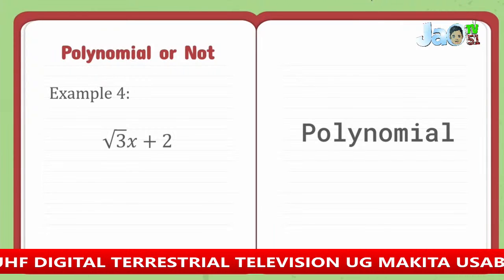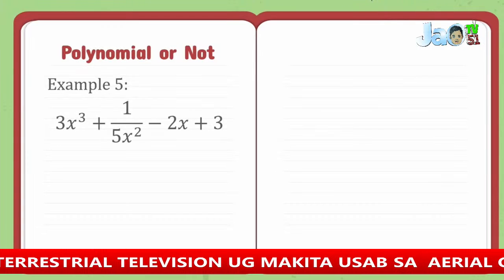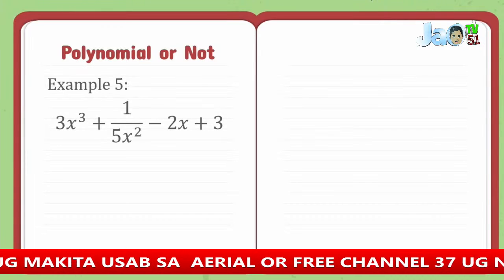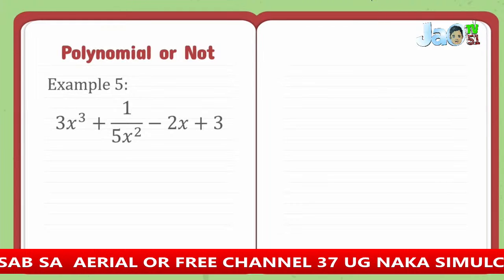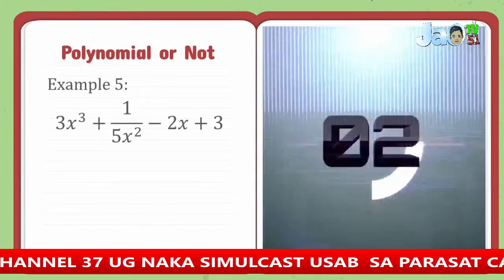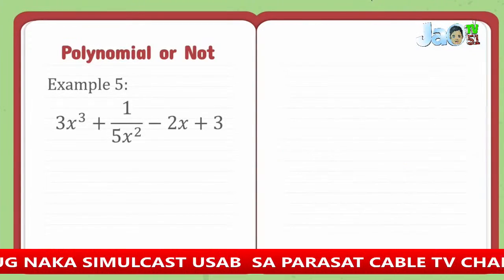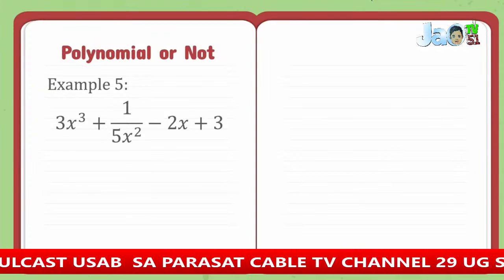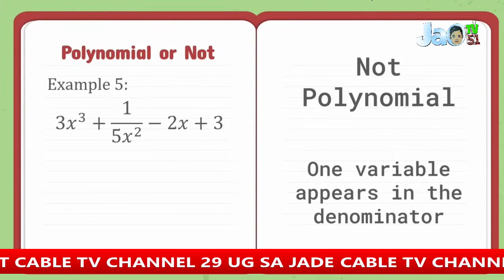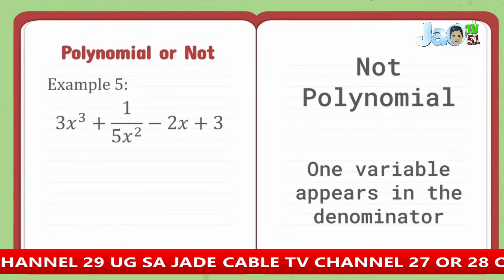Next, we have 3x cubed plus 1 over 5x squared minus 2x plus 3. The expression is not polynomial because one variable appears in the denominator.